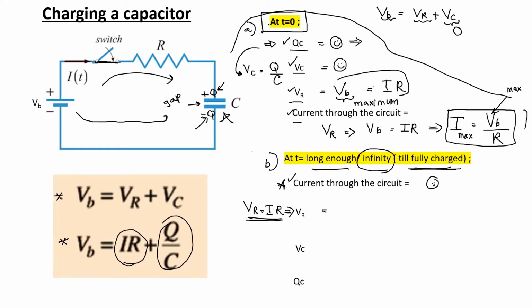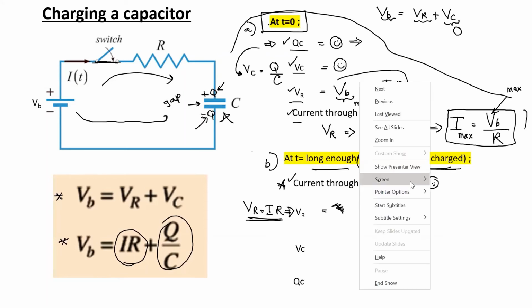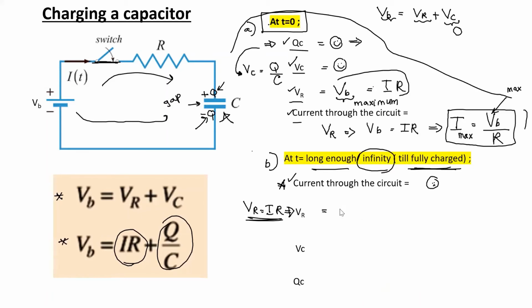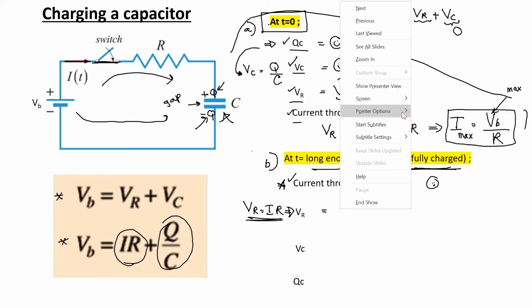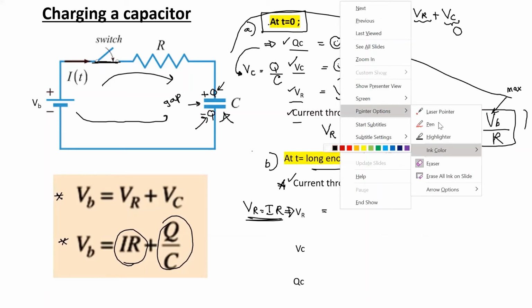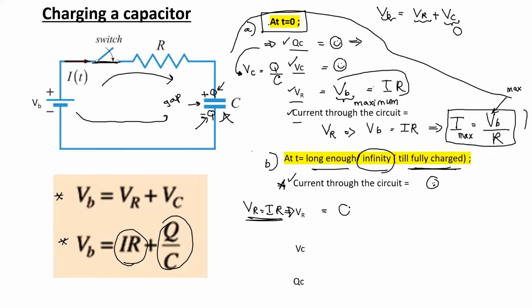So we get the voltage across the resistor through this equation. So the voltage across your resistor is 0. This is 0. So we are okay with this.